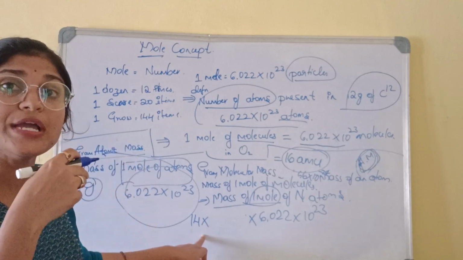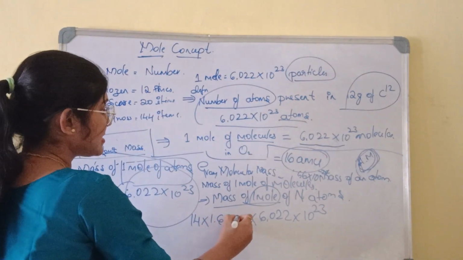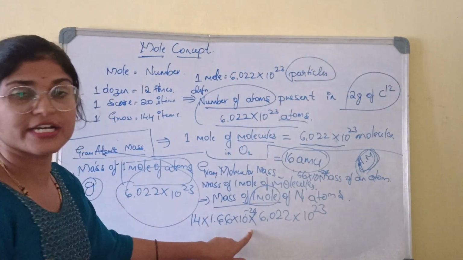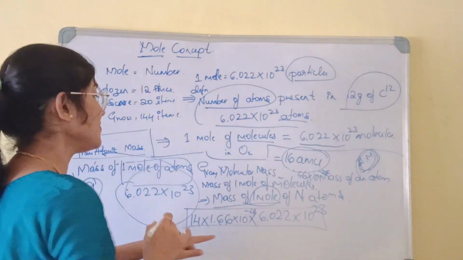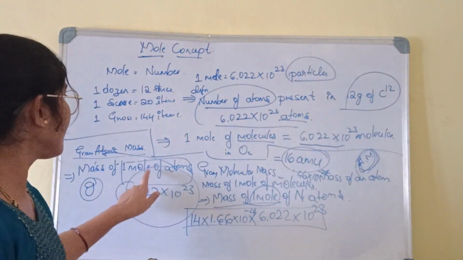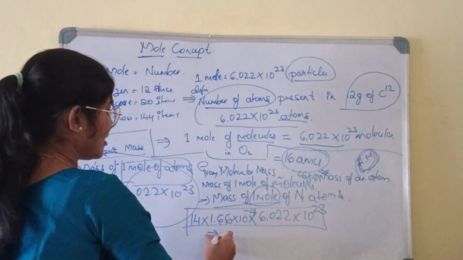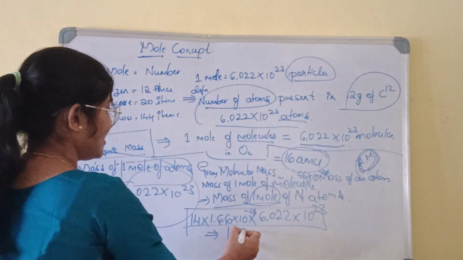It is converted to grams: 14 into 1.66 into 10 to the power minus 24 gram. This is the mass of 1 mole of nitrogen atoms. If you calculate, it will come to 14, represented in gram.